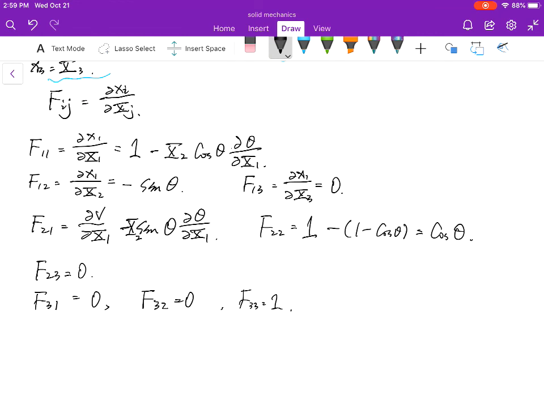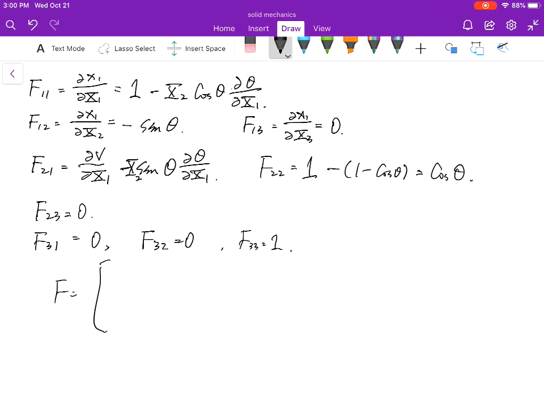In summary, this deformation gradient tensor looks like: first row, 1 minus X2 cosine theta partial theta over partial X1, then minus sine theta, 0.